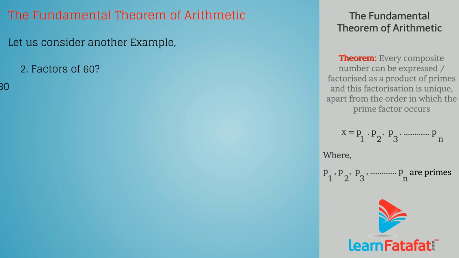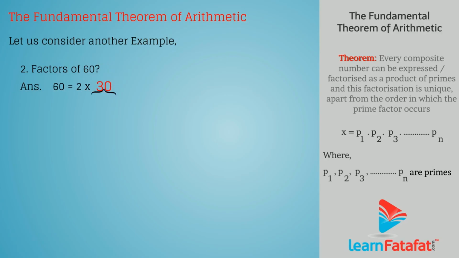Let us consider another example. Calculate factors of 60. 60 can be factorized as 2 into 30. Then again, 30 is simplified as 2 into 15. That is, 60 is equal to 2 into 2 into 15. Then again, 15 is simplified as 3 into 5.